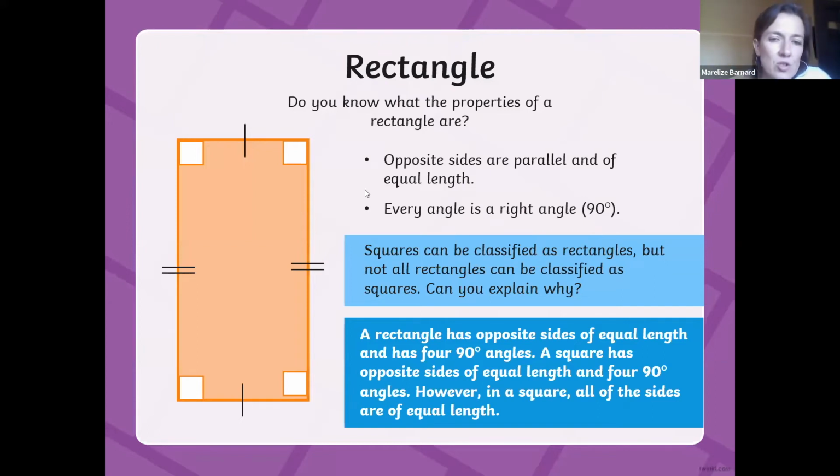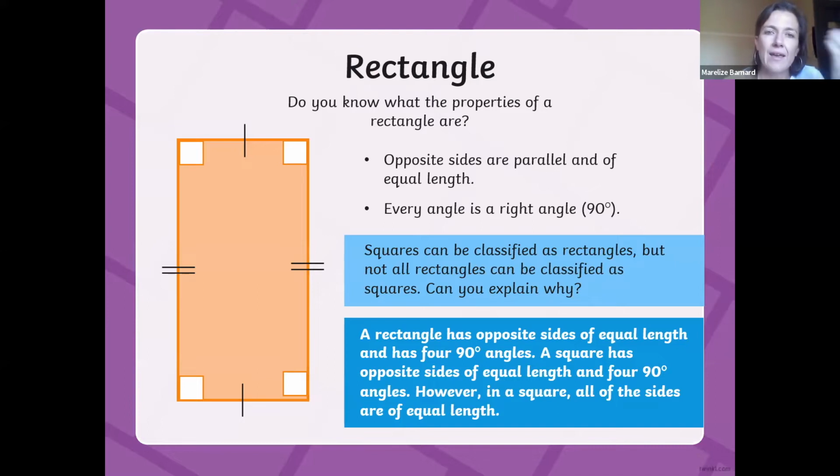And why is that so? Because squares also have 90-degree angles. So the corners are all 90 degrees. So squares can be rectangles, but rectangles cannot be squares because rectangles do not have all their sides equal. It only has opposite sides that are equal.